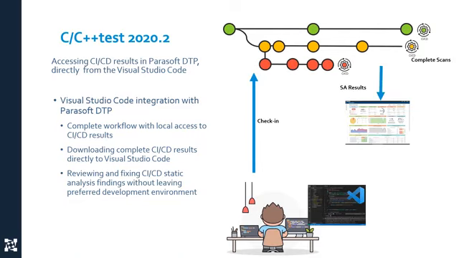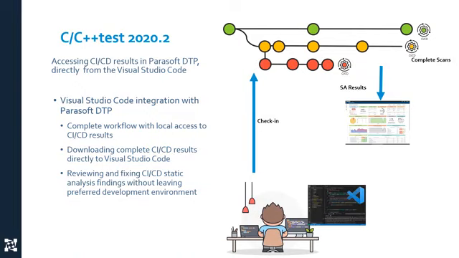And our latest release enhances the Parasoft extension for trendy Visual Studio Code to enable static analysis results download from Parasoft DTP. This is functionality that was already available in our plugins for Eclipse and regular Visual Studio. Now we added it also for Visual Studio Code. How does it work?